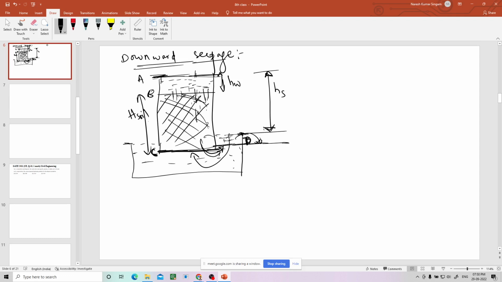Now if I put a tube here, up to where will the water go in this tube? Can you guess where up to where the water will reach? Can someone tell me?